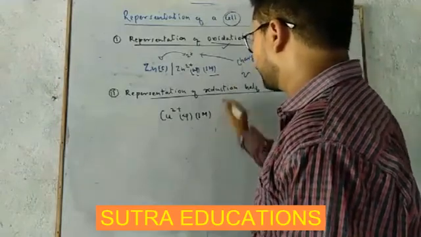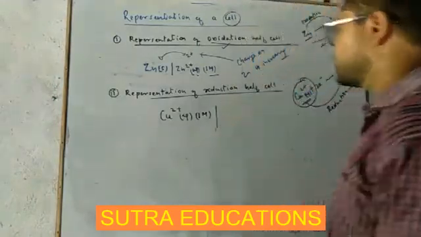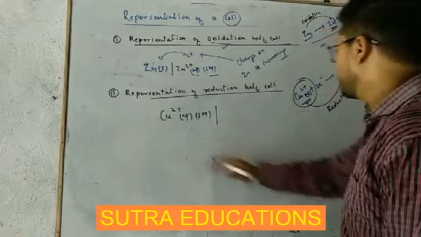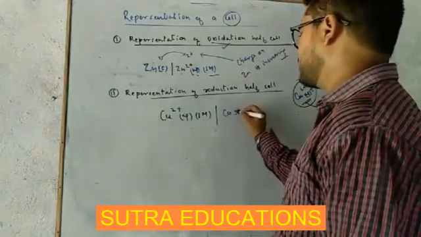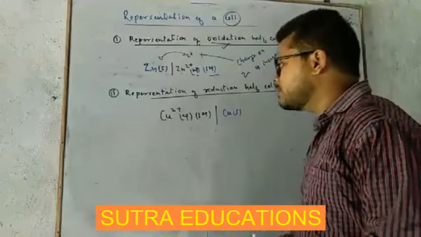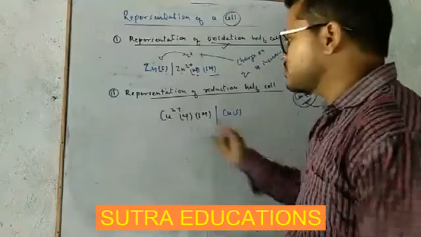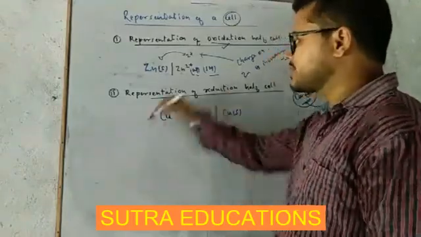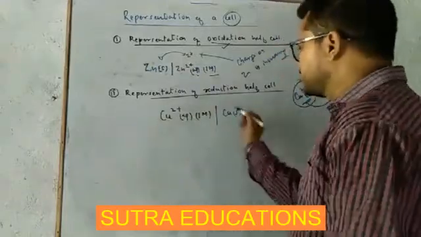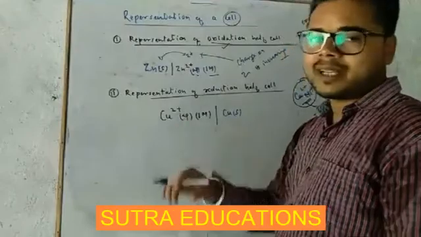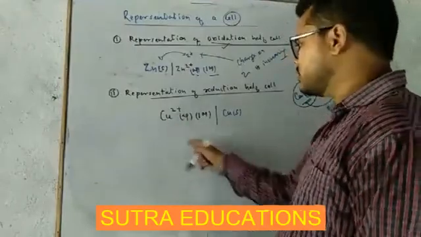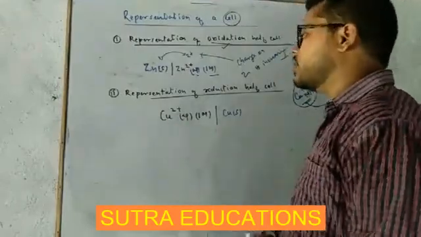And its reduction is taking place, so we will separate it by a line and we will write this Cu solid. What does this mean? This means Cu2 plus accepts 2 electrons to become Cu. Accepting electrons means reduction, so we say it is showing the reduction half cell.